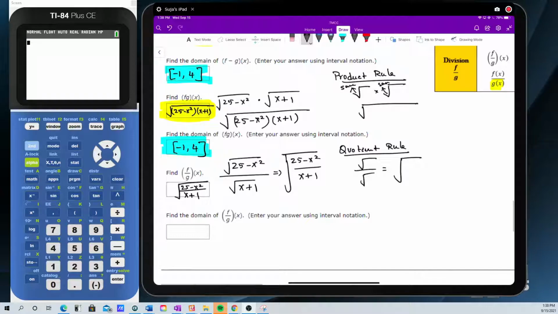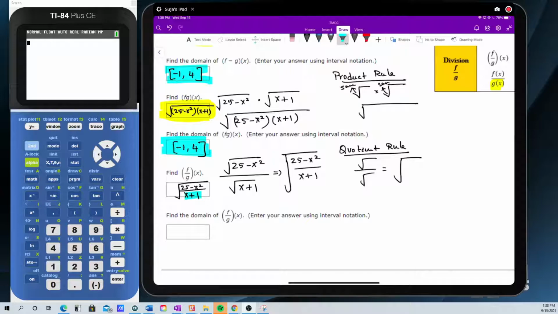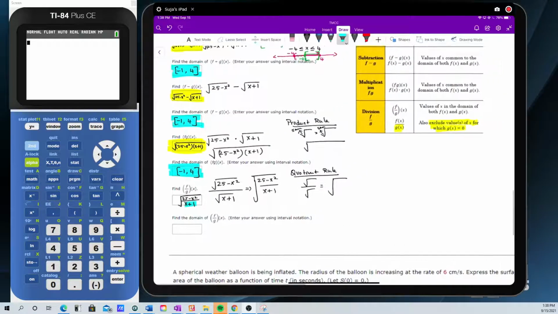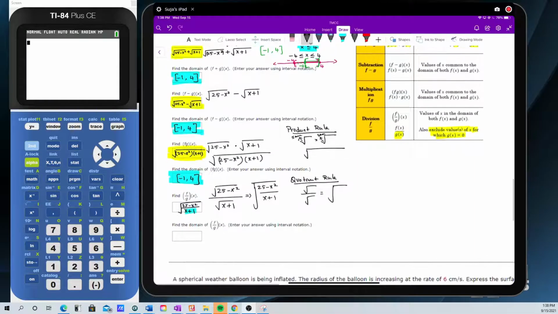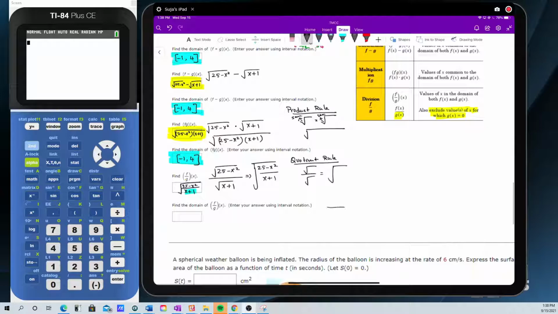Okay. Now here, the domain is going to be a little different because of this denominator x plus 1. According to the first three sections of this problem, we said the domain is going to be, draw the number line, all the values up to 5 and starting from negative 1.